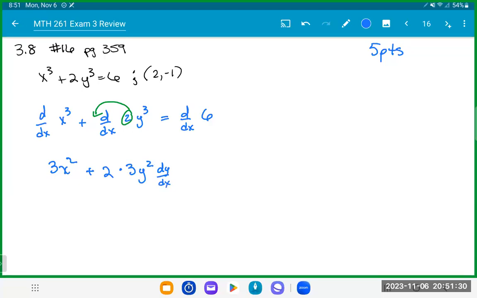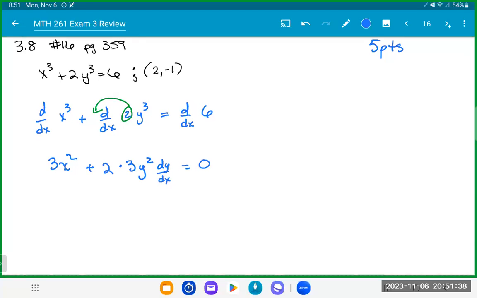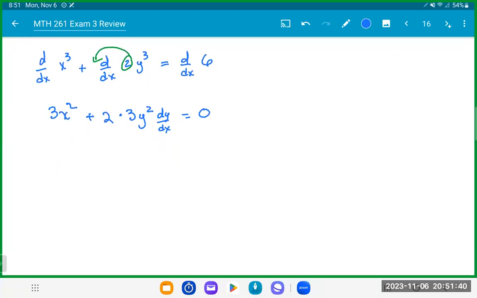Okay. And then for the constant over here, that derivative is 0. Finally, we need to move the 3x squared to the other side. And so this gives me 6y squared dy/dx is equal to negative 3x squared.